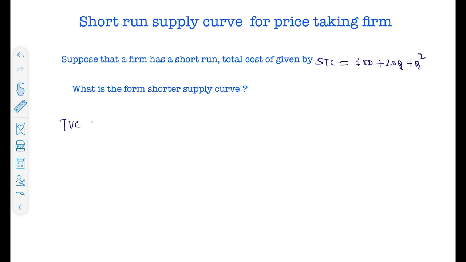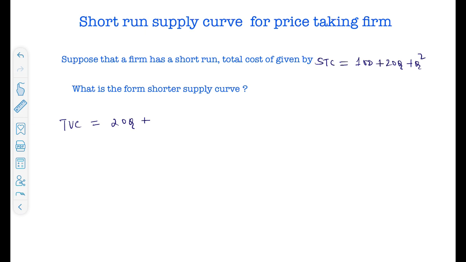Total cost is 100 plus 20q plus q square, and total variable cost would be 20q plus q square, excluding 100 because 100 is the fixed cost.